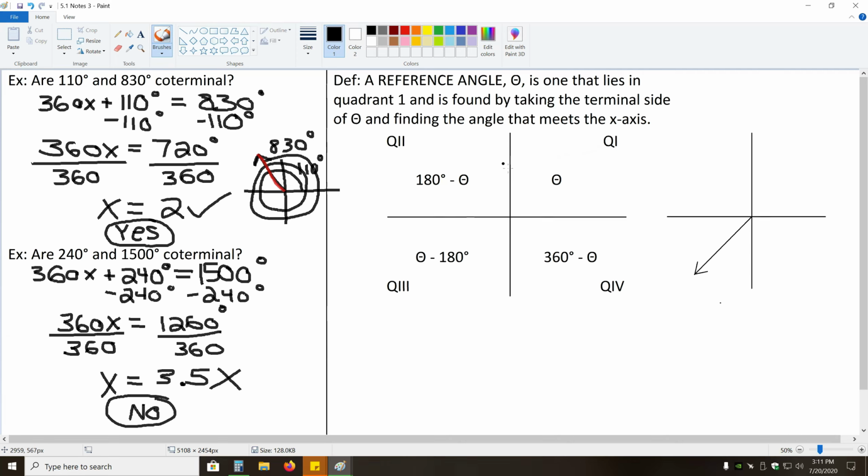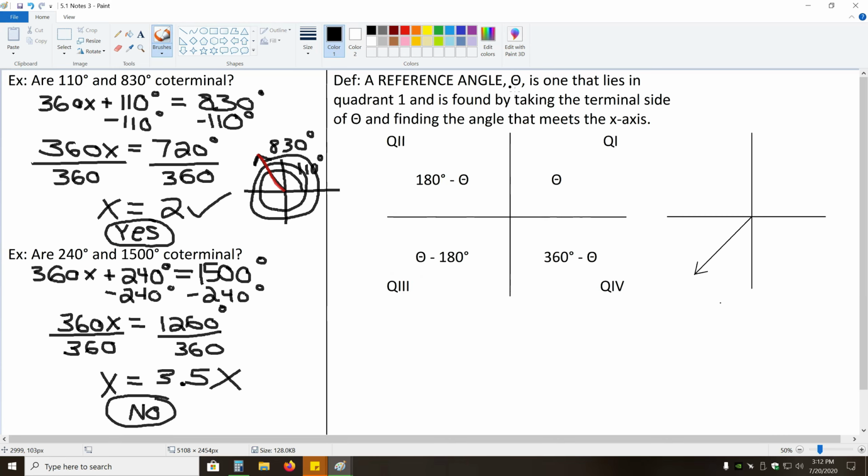So, in other words, if we take an angle in quadrant 1, to be in quadrant 1, that means to be in this corner of the coordinate plane. So this is quadrant 1, this is quadrant 2, quadrant 3, and quadrant 4. Remember, we always rotate counterclockwise. So we start at 1, then go to 2, then 3, then 4.